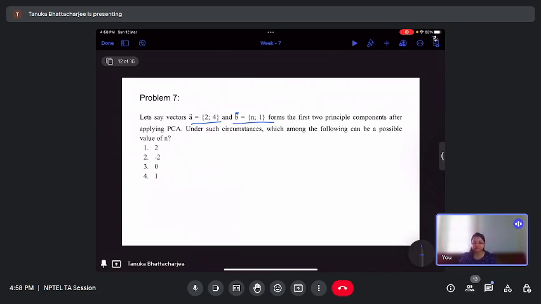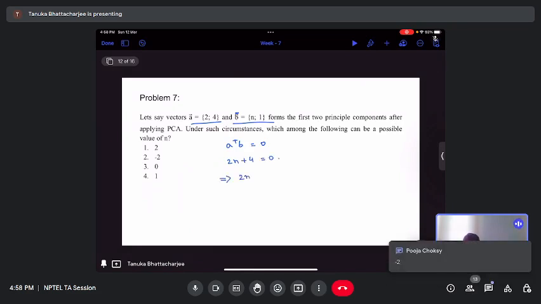Under such circumstances, which among the following can be a possible value of n? Again the logic is the same. We have to make these two vectors orthogonal to each other. If that is the case, A transpose B will be 0. So 2n plus 4 will be 0, that is 2n is minus 4 or n is minus 2. So minus 2 is the correct answer.